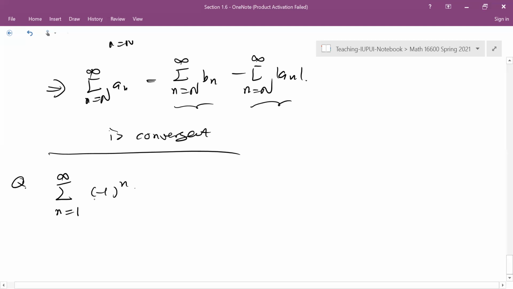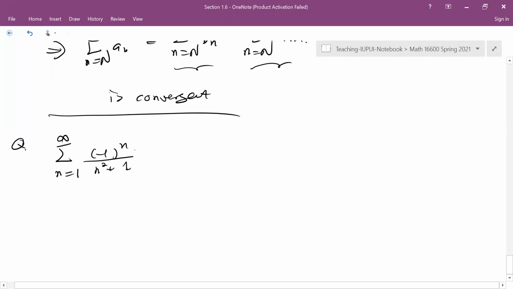All right, so this is a_n over n squared plus 1. Maybe you want to put the absolute value in here. Okay, take a look at this.